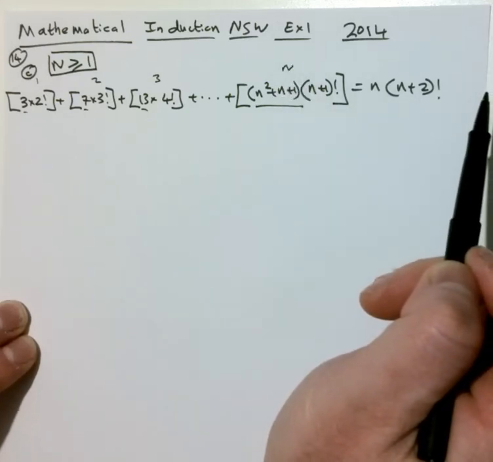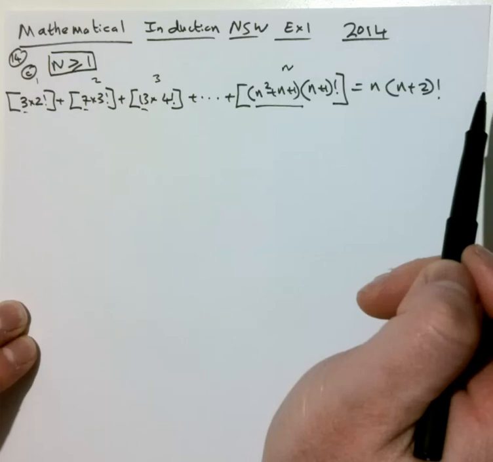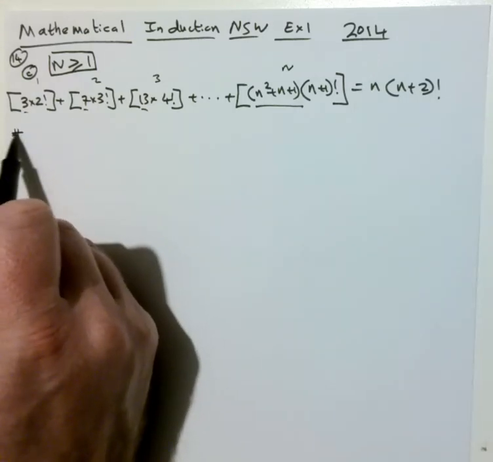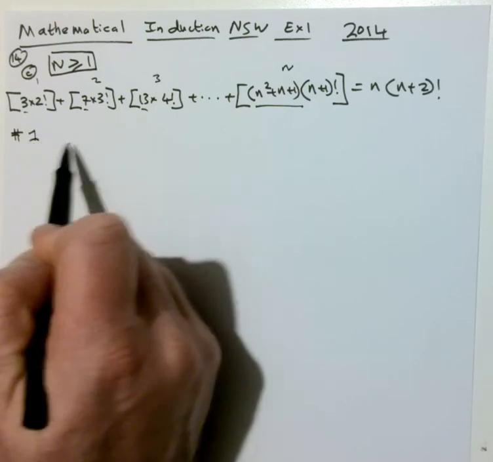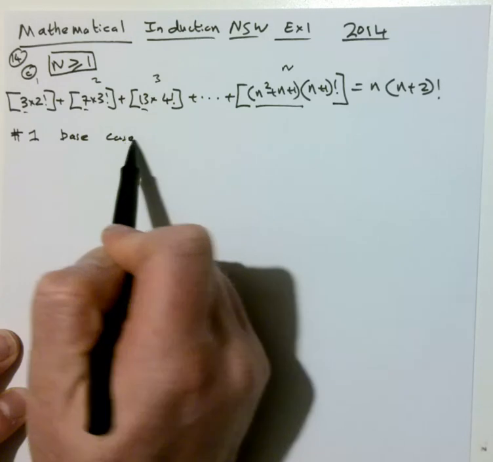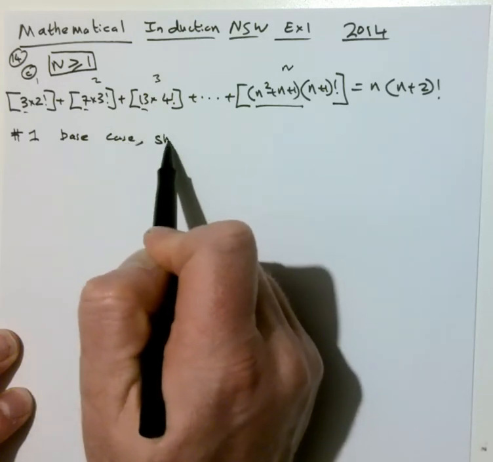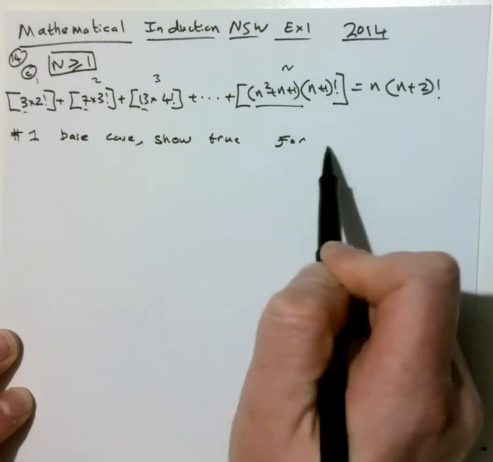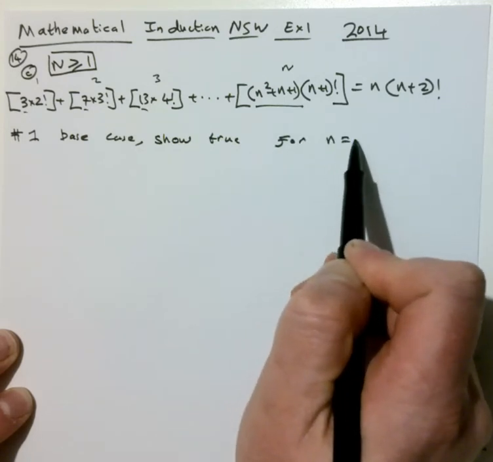Okay, so there are three parts to a mathematical induction problem. The first part, I like to number these, is called the base case. And the base case is show true for n is equal to 1.